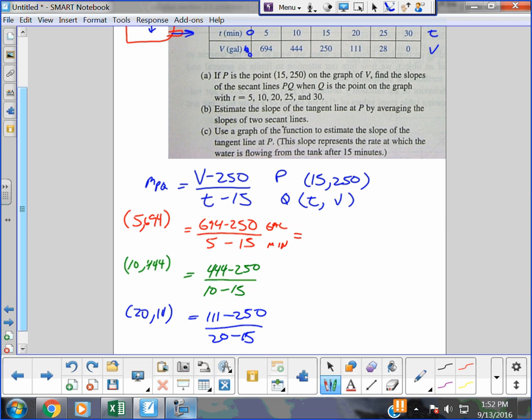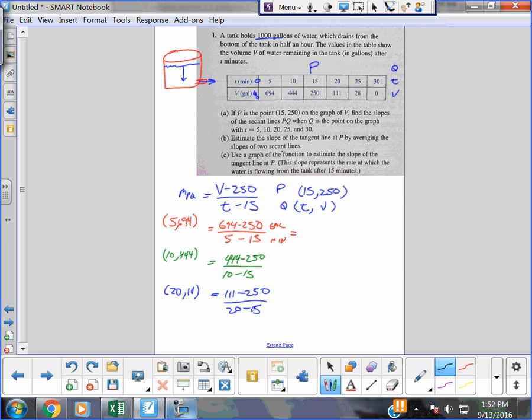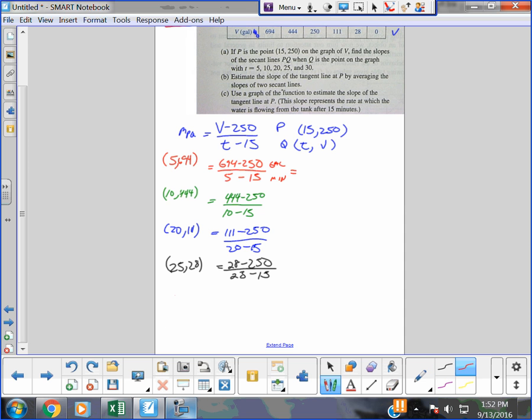All right, then we got (25, 28) as the next point, which is 28 minus 250 over 25 minus 15. And these units are all the same, all gallons per minute. The last point is (30, 0). So that's 0 minus 250 over 30 minus 15.